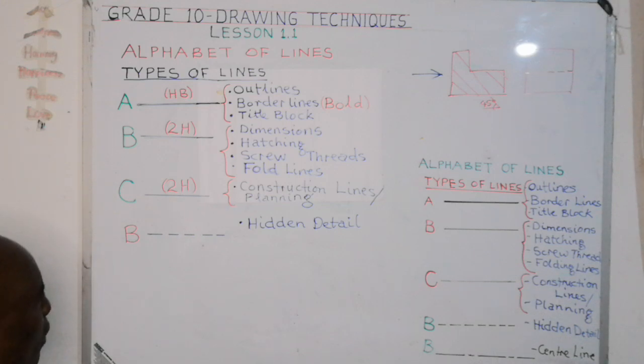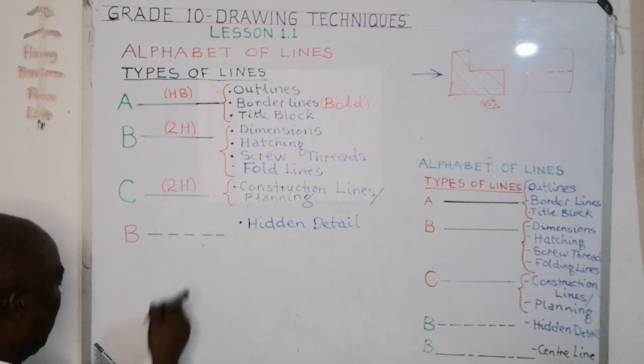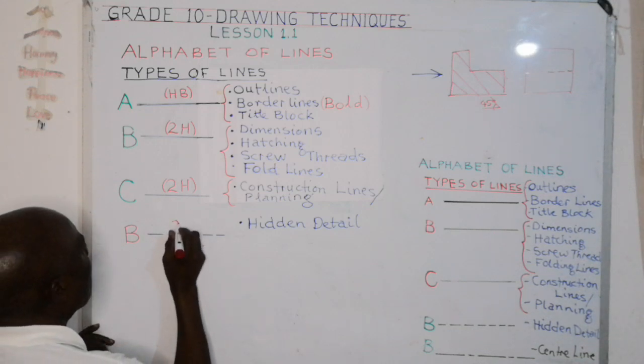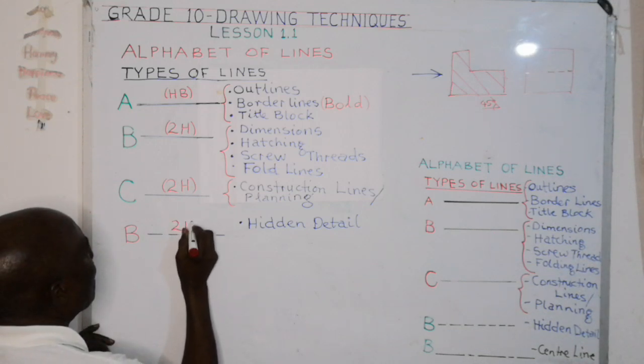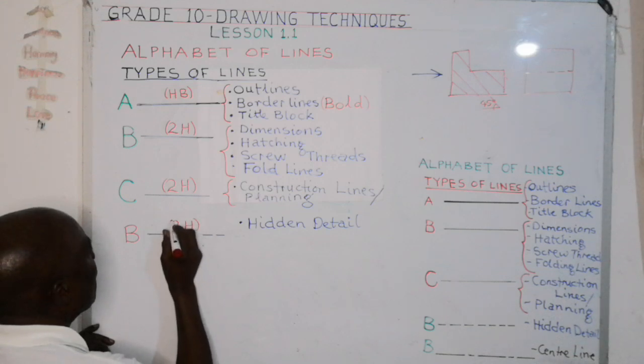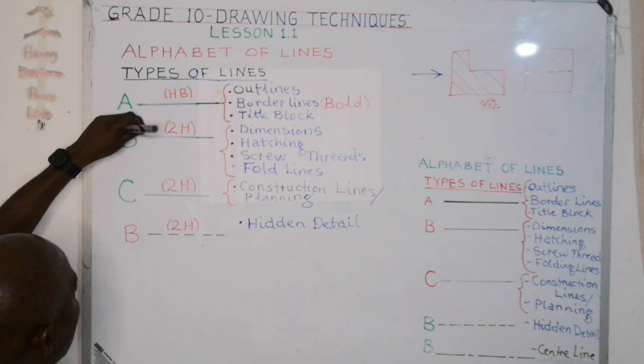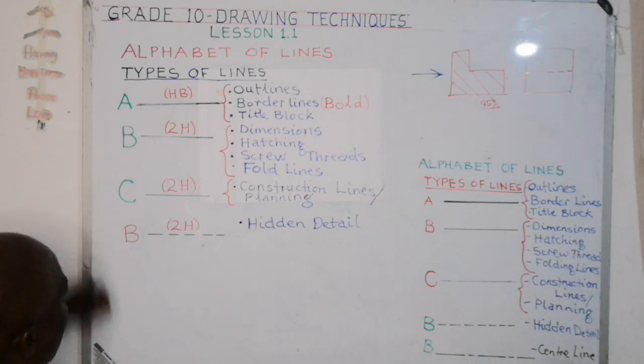Hidden detail. So this is still 2H. It's medium, it's just the same as that. That's why I've labeled it B there.